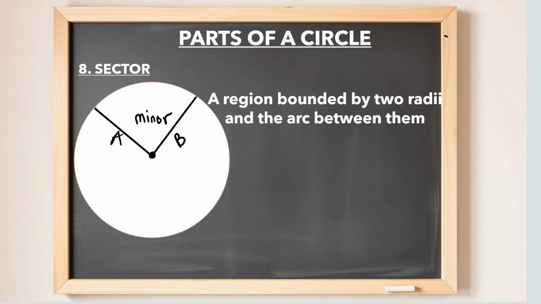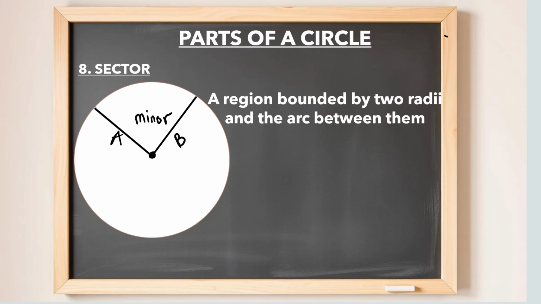Now let's have a look at this. This is one radius, we have radius, we have radii. And look at B, this is another radius. So the 2 radii form what? An arc.